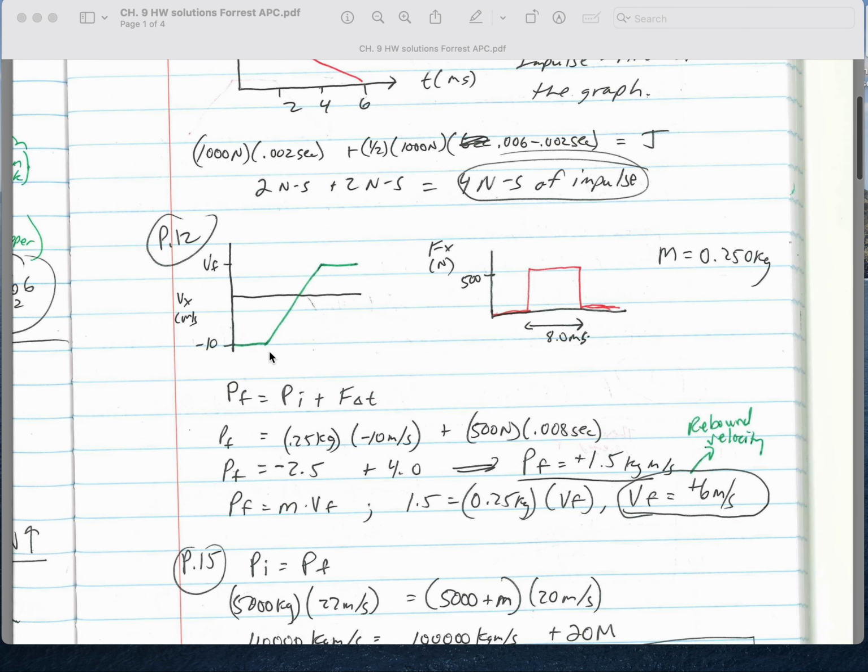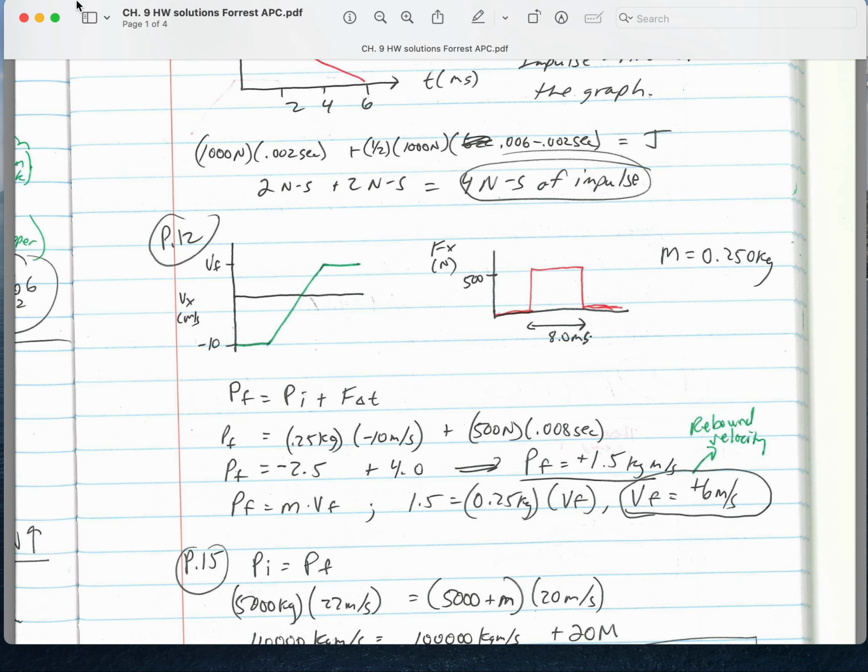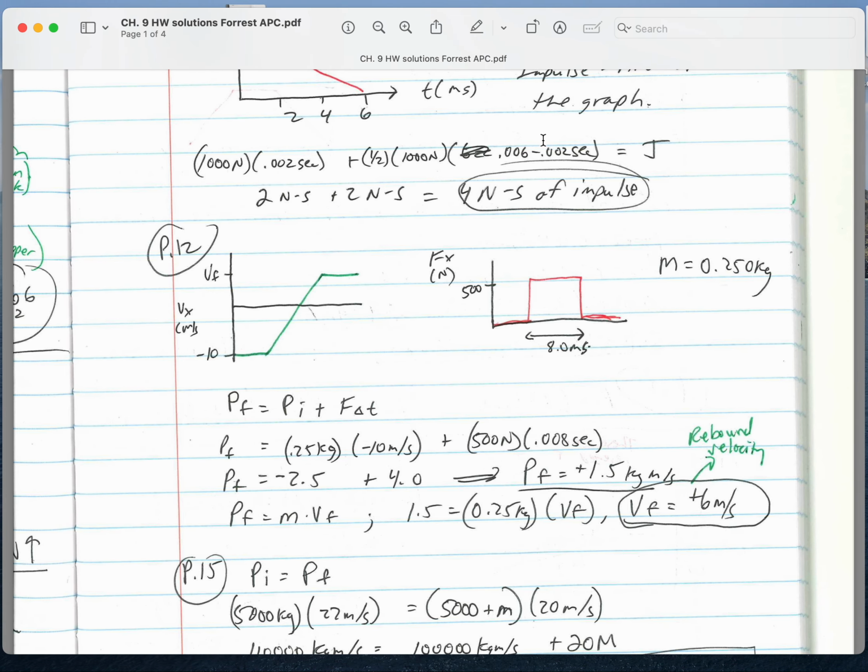Problem 12 gave you an initial velocity and a graph of force versus time, and asked for the final velocity. It told you the mass of the object was 250 grams. So at that point, you can find the impulse. The final momentum is equal to initial momentum plus j, which is the impulse, and that's F delta t.